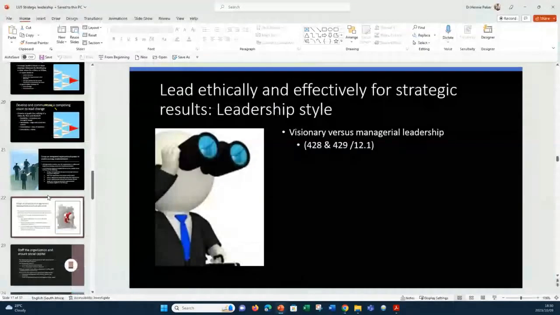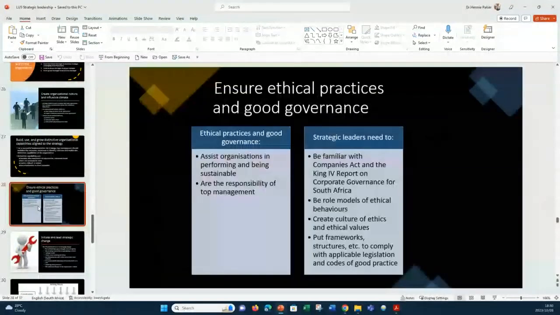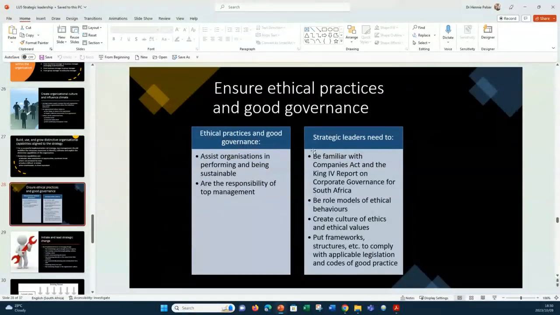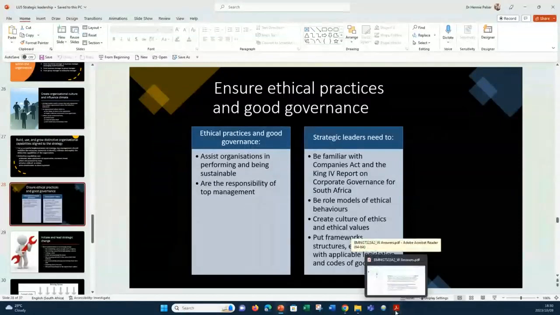Now, key in terms of slide 28 is to remember that not all of these elements will apply to Botswana. Remember, King is particular to South Africa, it's unique to South Africa. So don't just slavishly go and copy everything that is there. I think key in terms of answering that question, and it is slide 28.